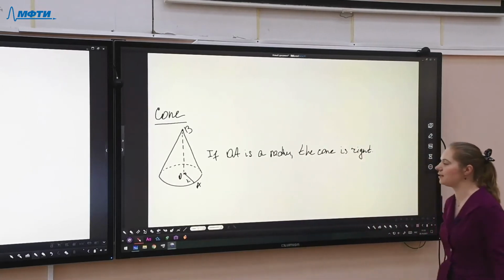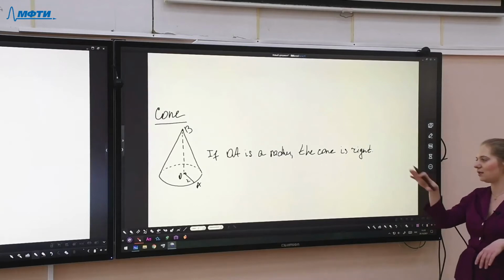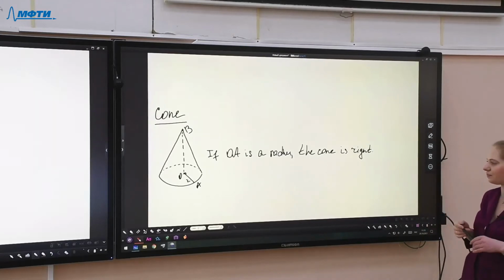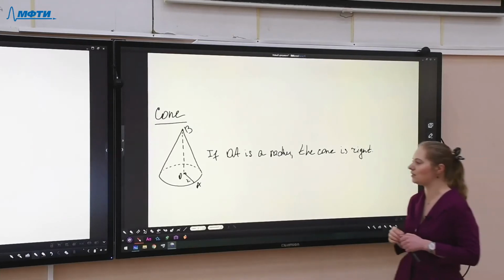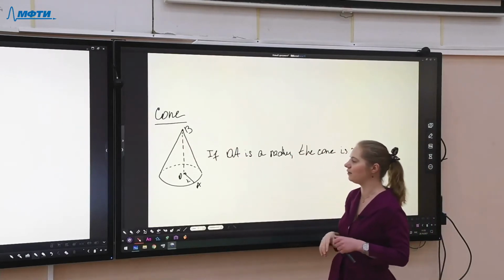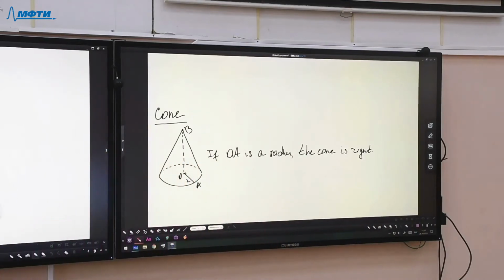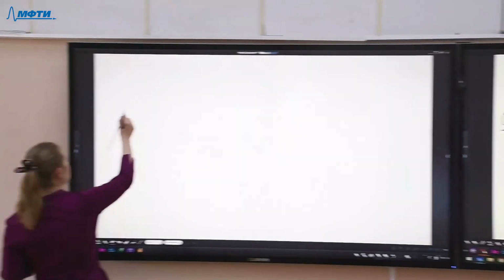And as with a pyramid, we can take a plane which is parallel to the base of a cone, and we can cut the upper part of this cone by this plane, and we'll get a so-called frustum of a cone. So we have a cone.